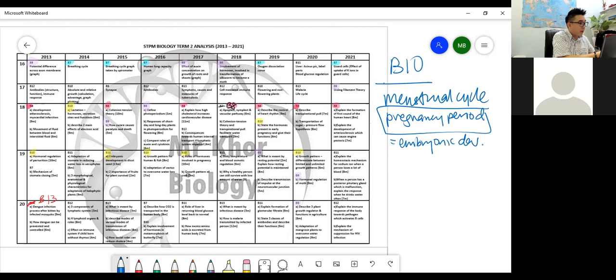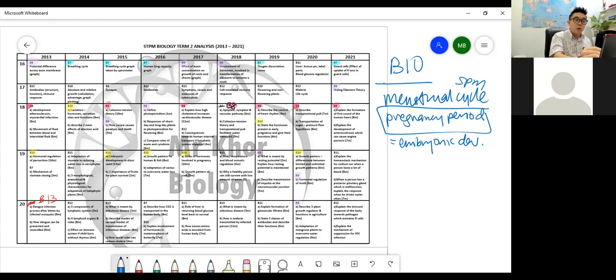Okay, embryonic development. Let me look at my analysis. Even the formation of zygote, embryo, morula, blastocyst, all those were SPM stuff last time. So embryonic development is the new content in STPM.